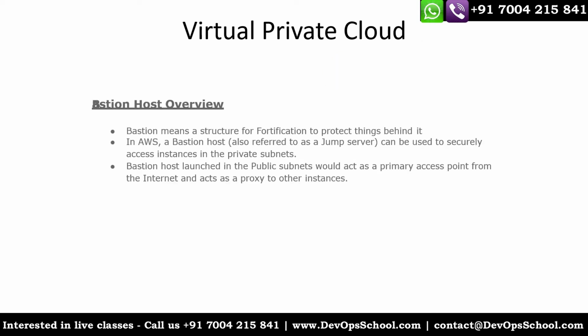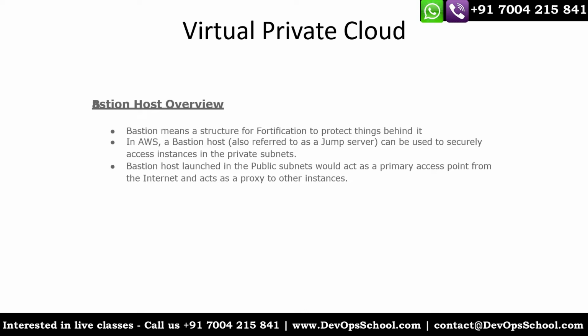Bastion host also you might have heard about a lot. So where do we use the Bastion host? Has anyone used the Bastion host? Sometimes you also call it a jump server. Yeah. So this also you can set up with the VPC.